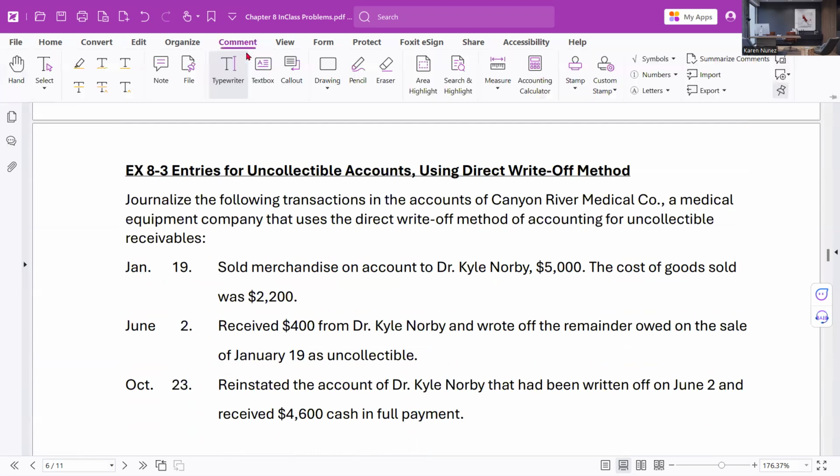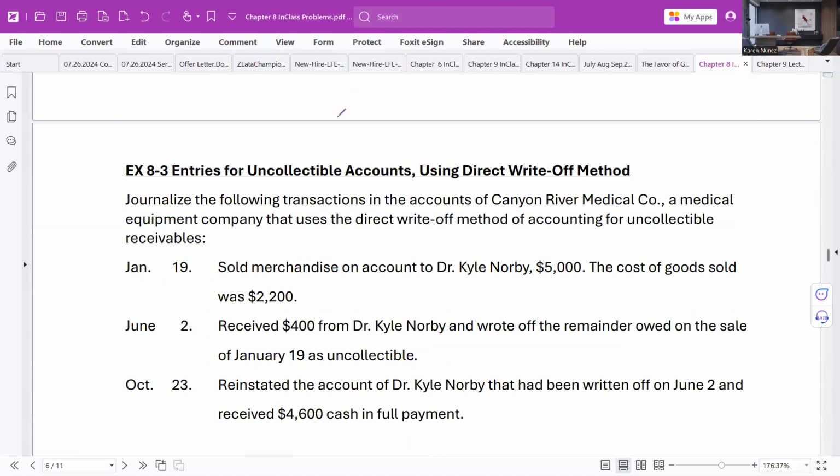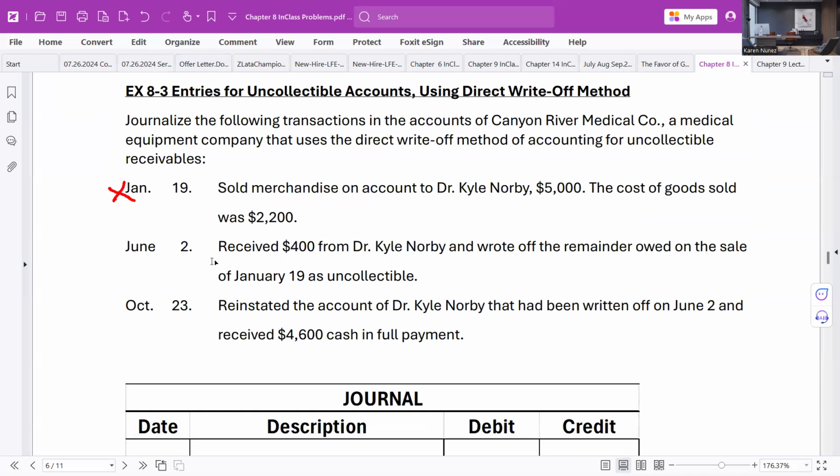So I'm not going to cover this transaction on January 19th. All I care about is the write-off and the recovery. So with that in mind, on June 2nd, they've received only $400 on this $5,000 sale.